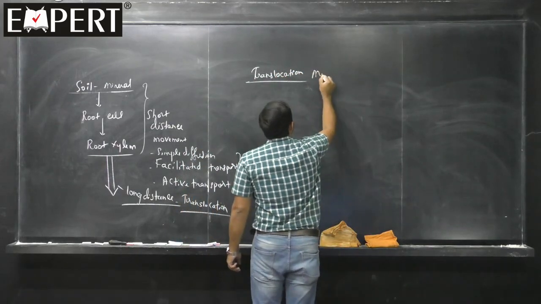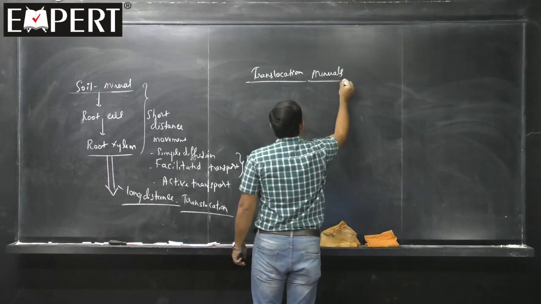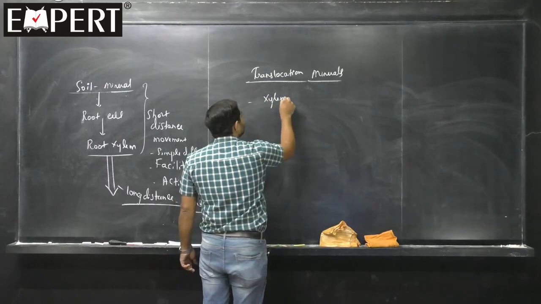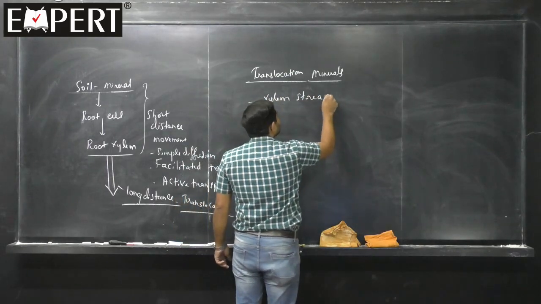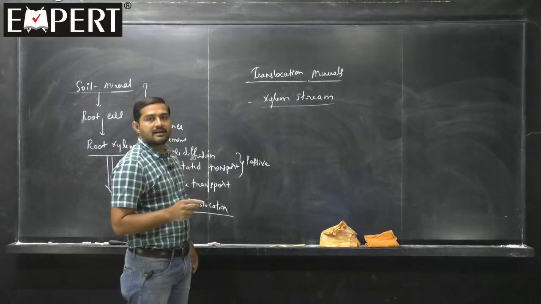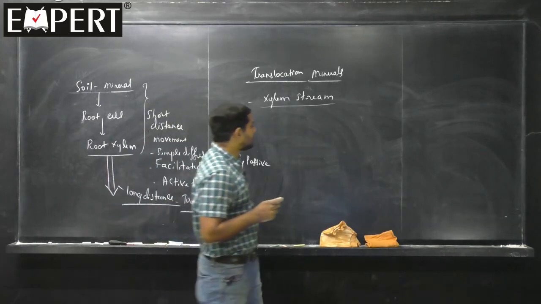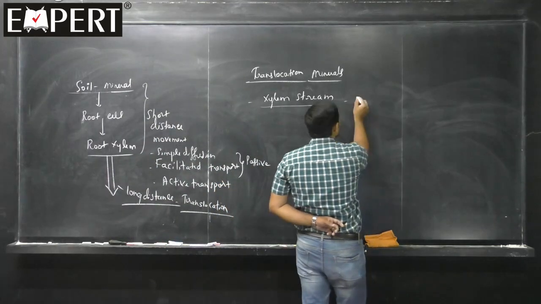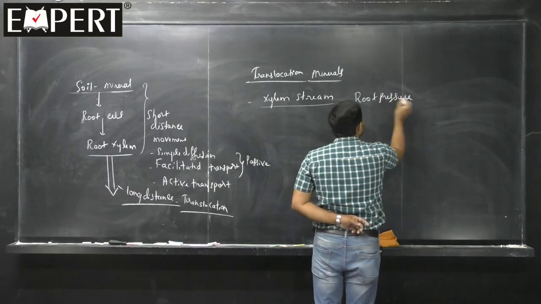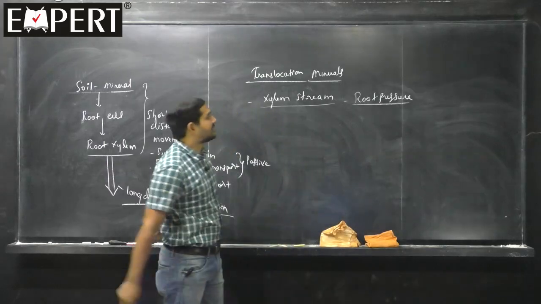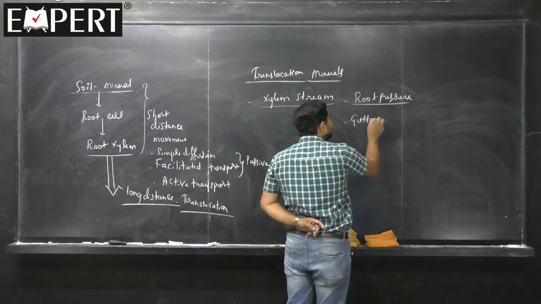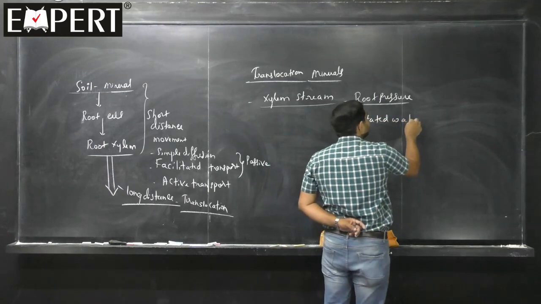Translocation of mineral takes place via xylem stream. It occurs by a xylem stream. How was it studied actually? It was studied by the concept of root pressure only. By the root pressure concept, it was studied that it is moving by xylem stream because of guttated water.